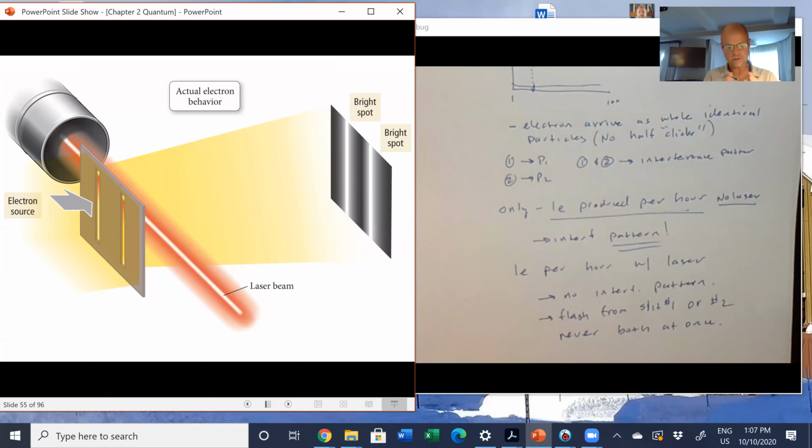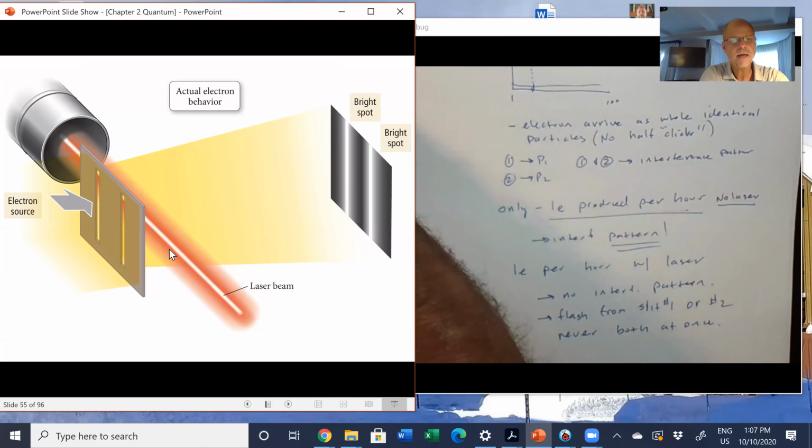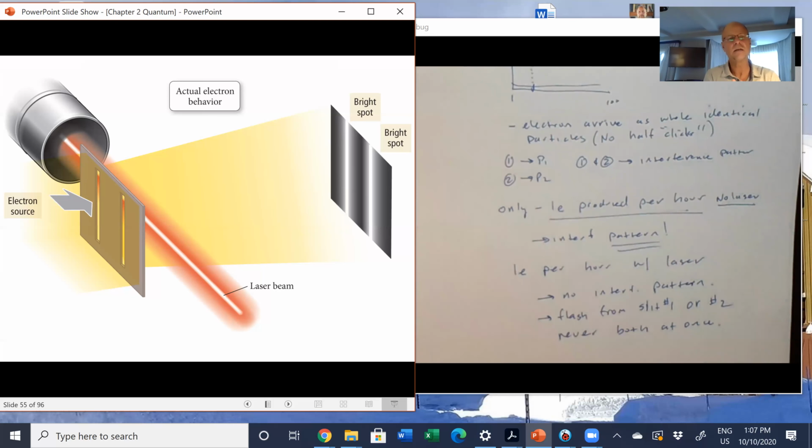Okay, very good. So notice though that the electron is behaving differently depending on whether or not we're detecting it with the laser, right? And that's kind of important to quantum mechanics. Remember I said that observation plays a role in the outcome, right? And so when we observe the electron with the laser, it's playing a role in the outcome.